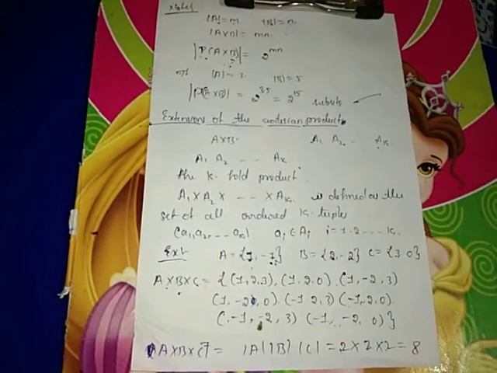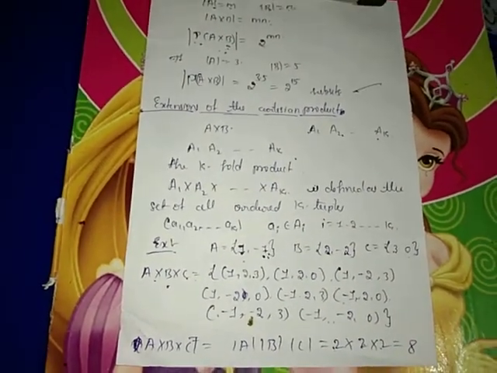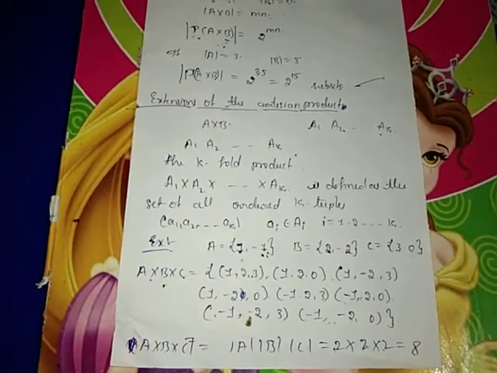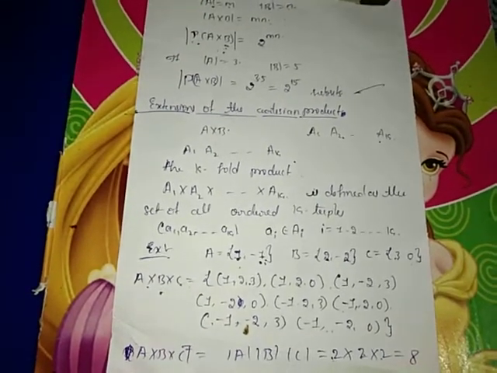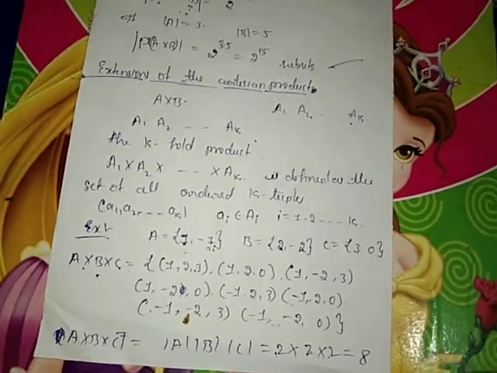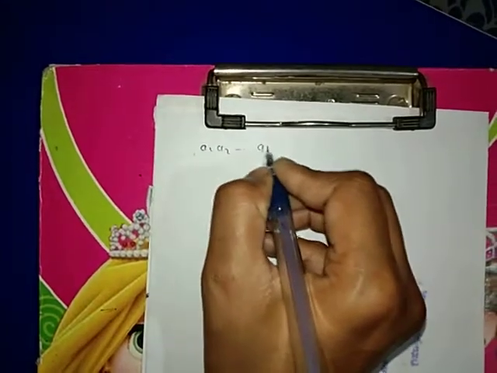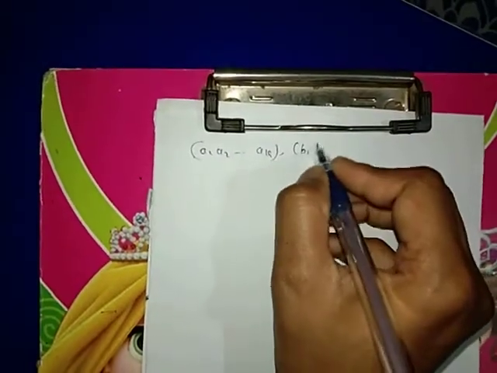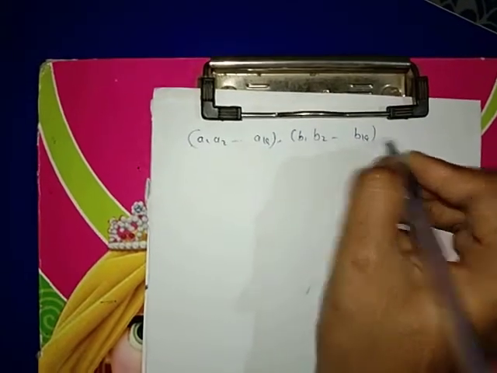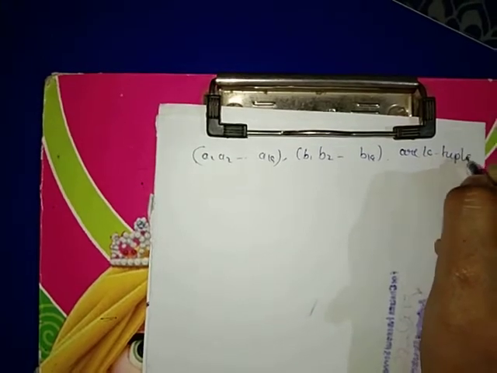So that is how to find out the cross product of more than two sets. That is called the extension of the Cartesian product. Suppose the ordered pairs A1, A2, so on AK, and B1, B2, so on BK are K-tuples.